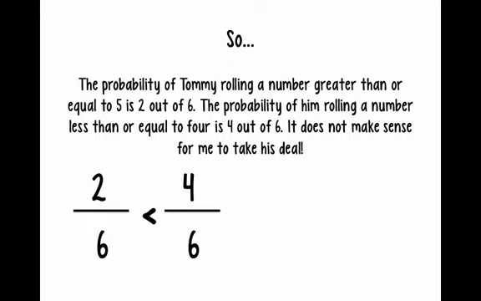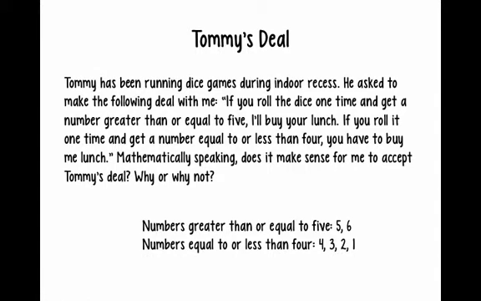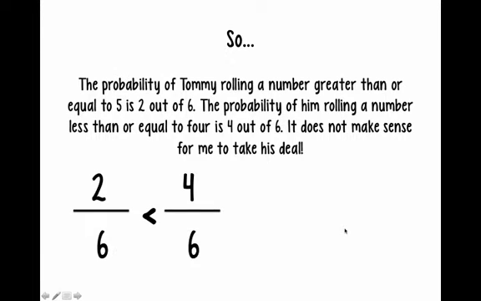So the probability of Tommy rolling a number greater than or equal to 5 is 2 out of 6, because the numbers that are greater than or equal to 5 are 5 and 6, only 2 possibilities out of 6 total possible outcomes. The probability of him rolling a number less than or equal to 4 is 4 out of 6, because there are 4 numbers that are less than or equal to 4 on a 6-sided dice, 4, 3, 2, and 1.